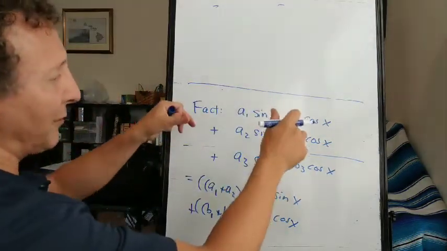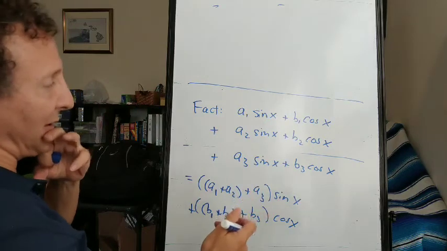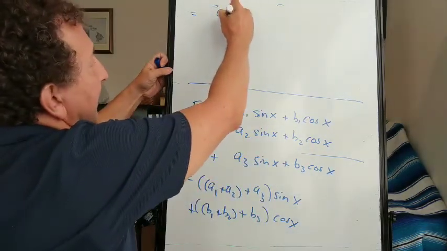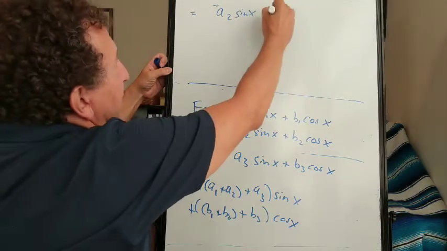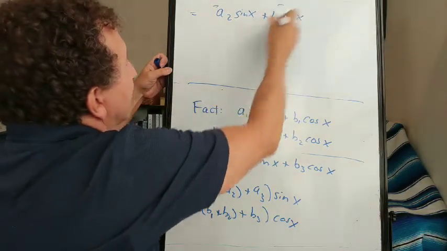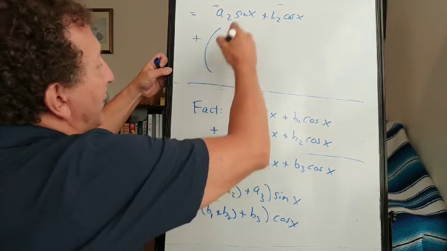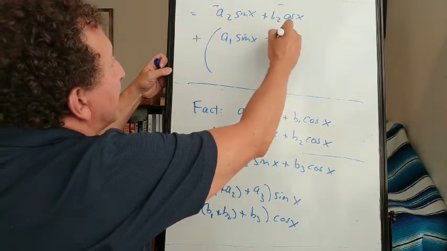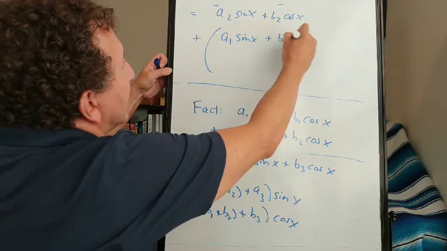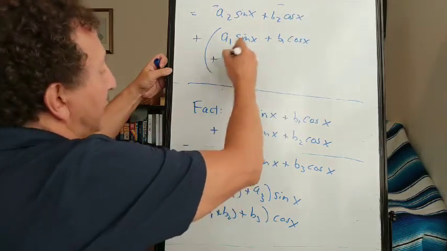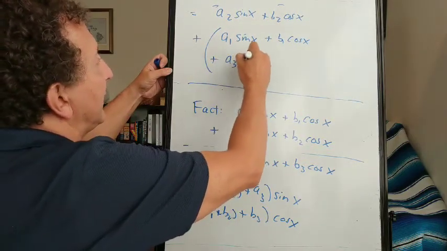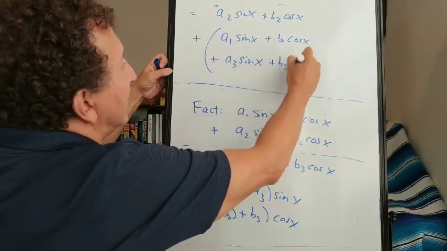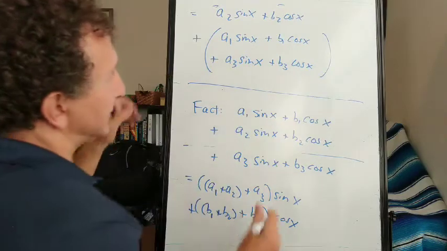We could switch the order of the first two and then put parentheses around the second two. So we could say a2 sine of x plus b2 cosine of x plus (a1 sine of x plus b1 cosine of x plus a3 sine of x plus b3 cosine of x).